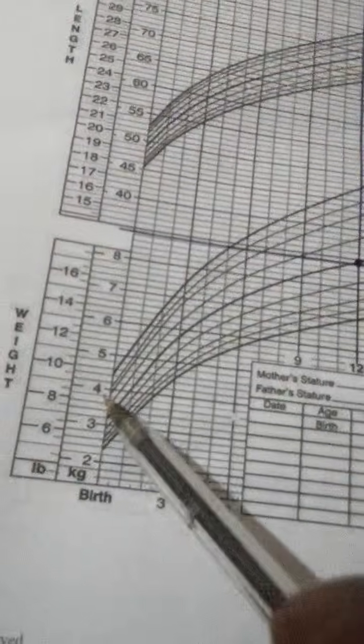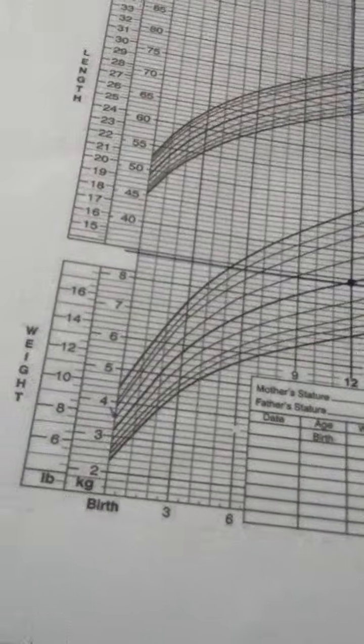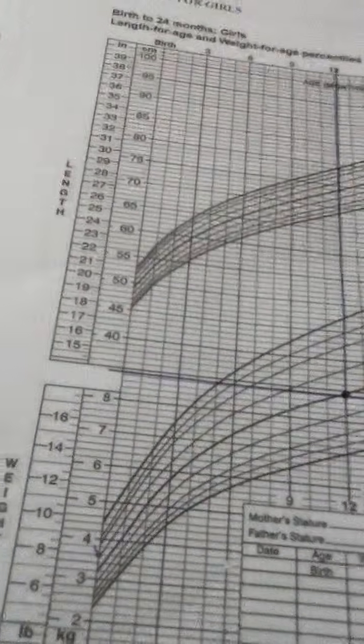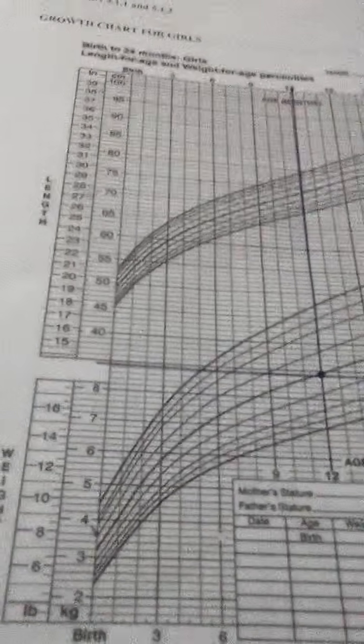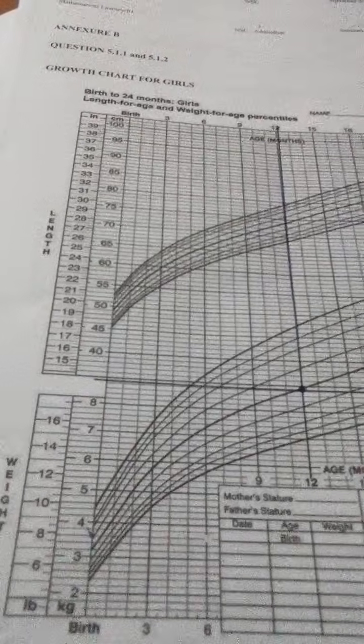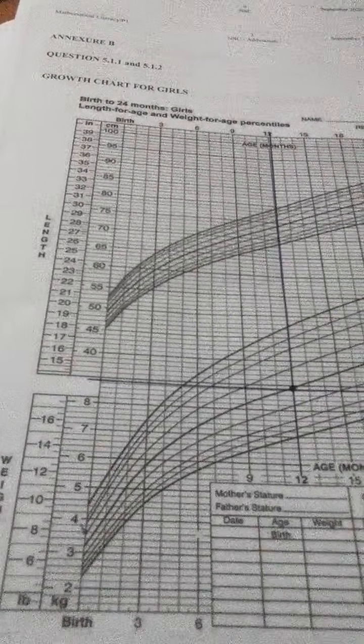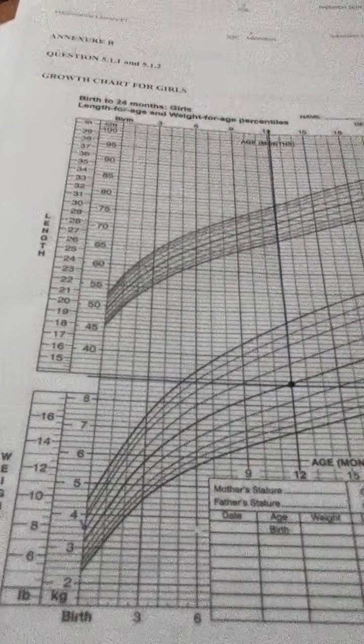At birth, right? So I'm marking the point there. Now I'm looking at, because they're asking how much was his weight. And then you say, okay, right. We've got 3.2, 3.4, and then you say, oh, it's 3.6.